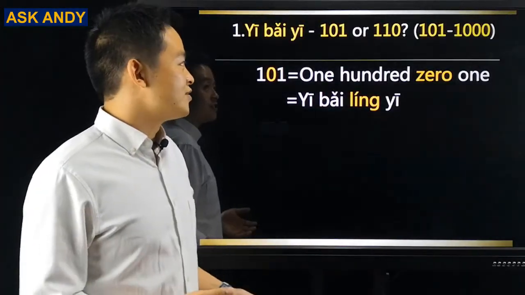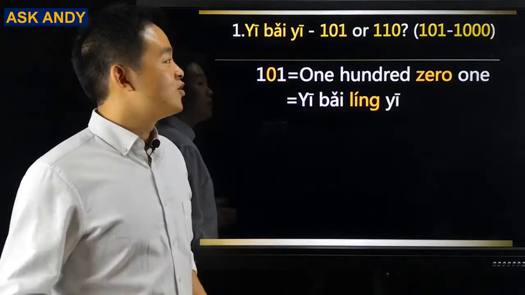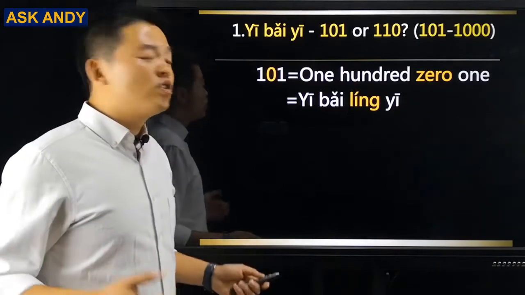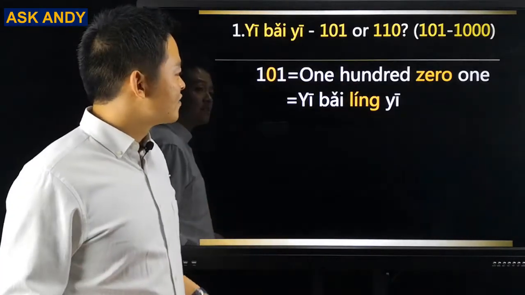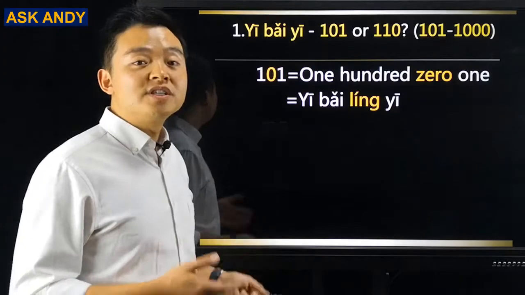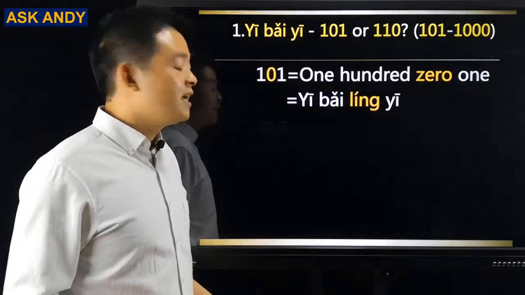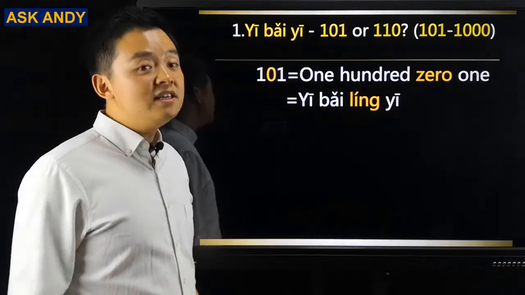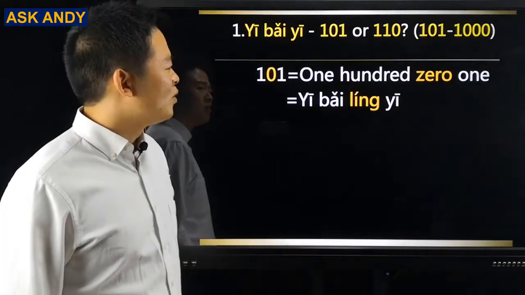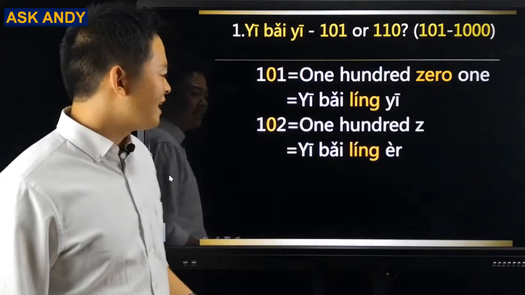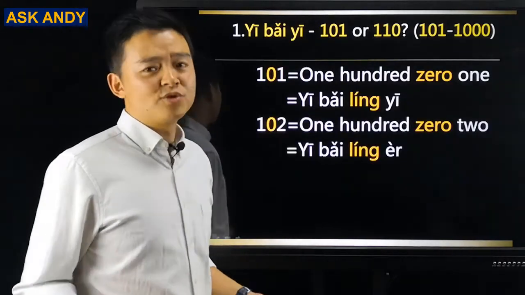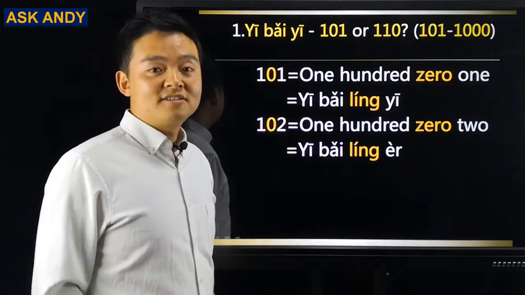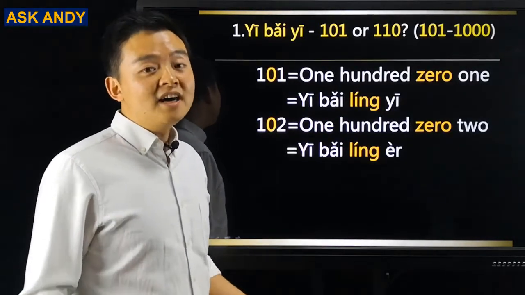110 refers to 101 or 110. So let's start from 101. So for 101 in Chinese, we read it as 101. Then what about 102? That is 102.